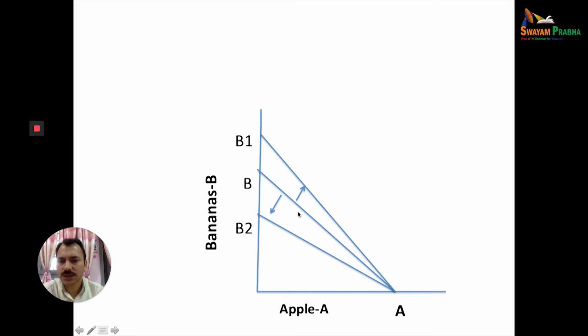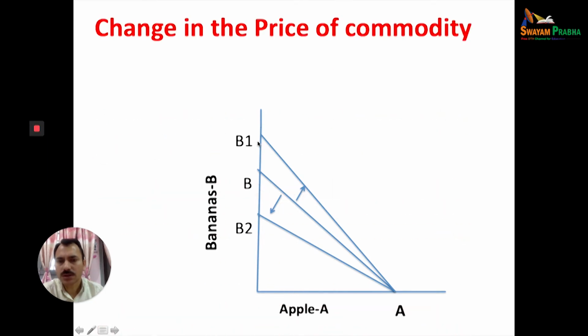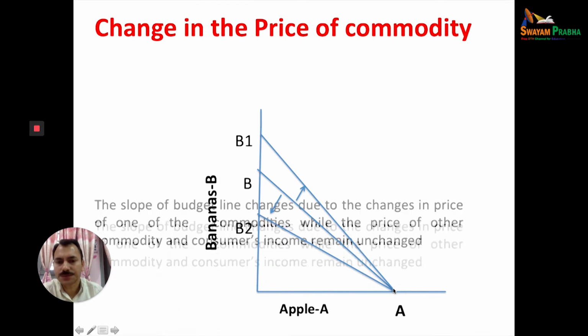The AB budget line shifts from AB to AB2. When the price of banana reduces, then it will shift this side, AB1. This is a shift due to a change in the price of the commodity, assuming that the price of one commodity out of two remains unchanged and even the income of the consumer has no change.